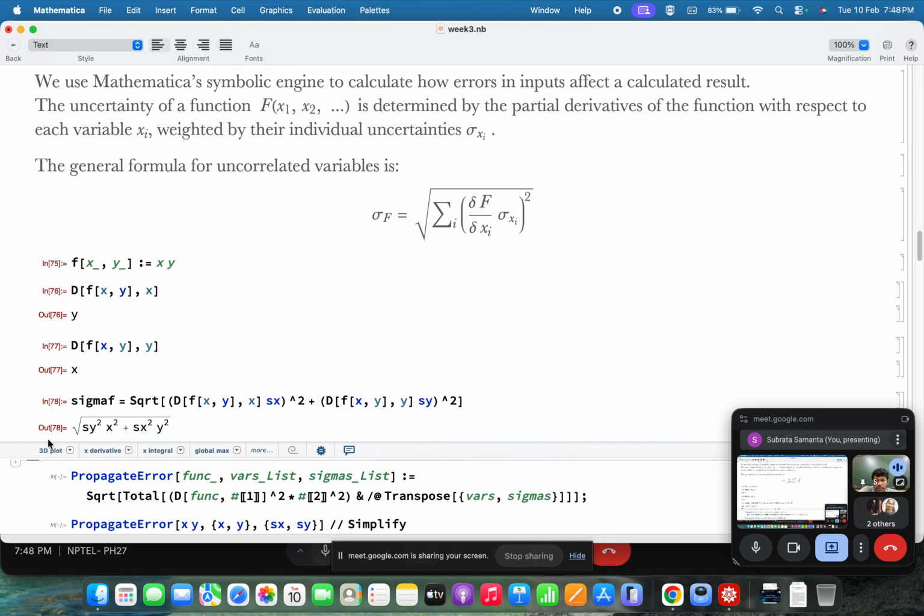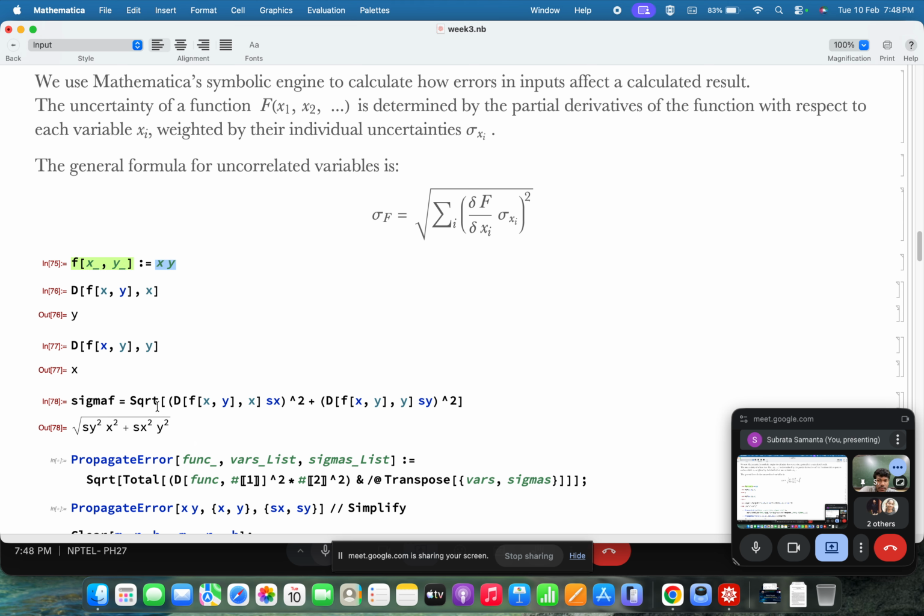So, we calculate this, and the result is the square root of x squared times s y squared plus s x squared times y squared. This is the general formula for two variables if the function is a product x y, and you can use this symbolically. All of these are symbolic calculations.